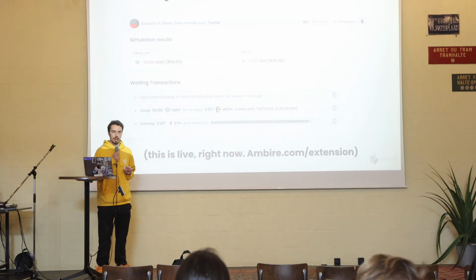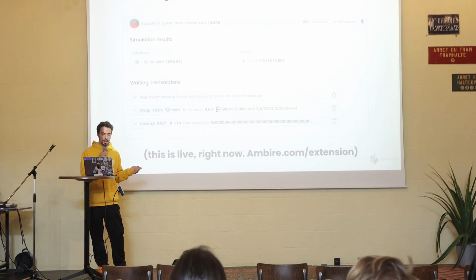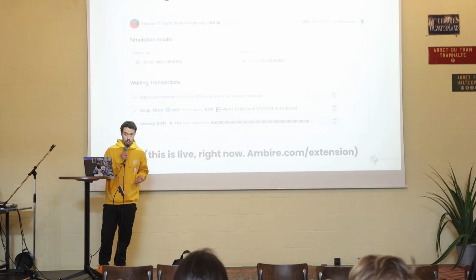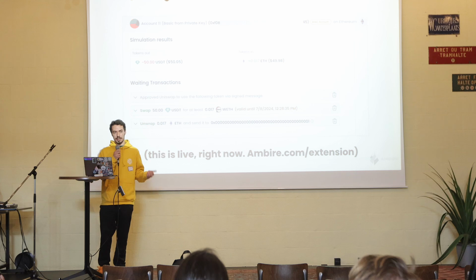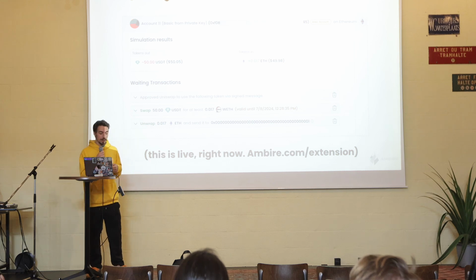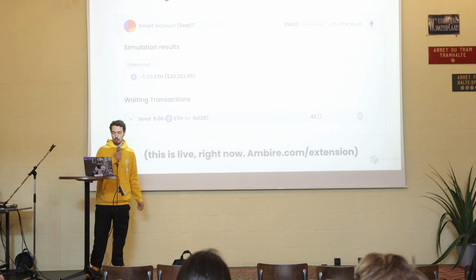But we have a way of doing this, and this is another example. In this case, we have multiple operations batched together. We are swapping USDT for Ether, we are unwrapping Ether, we are approving Uniswap as well, so there's no need for another transaction for the approval. But we do see the end result of the simulation here. And also another example.